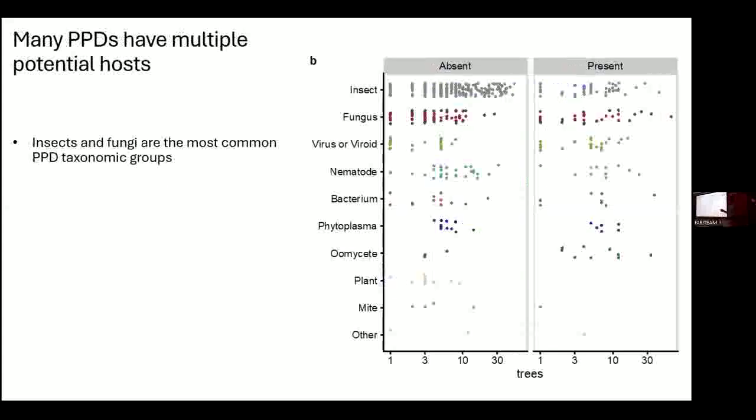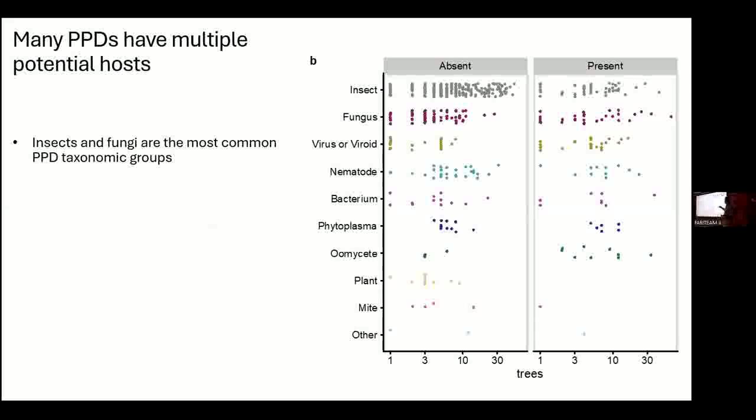Okay, and what types of pests and diseases are these? They're also listed by their broad taxonomic groupings. So insects and the number of trees they affect. These are log scales again. For some of these insects, they're thought to affect upwards of 30, 40 different tree species.